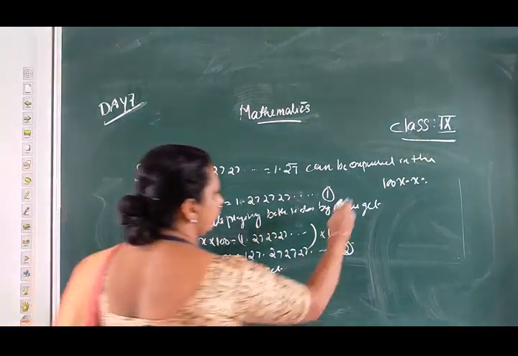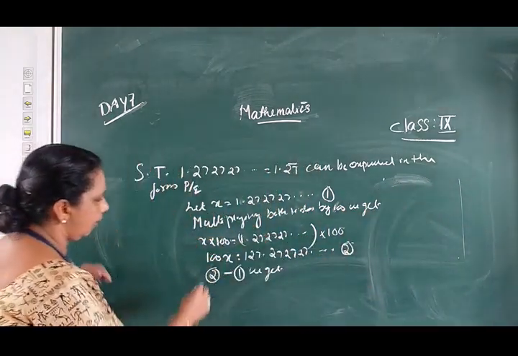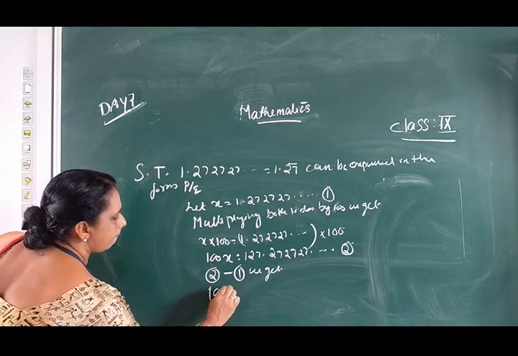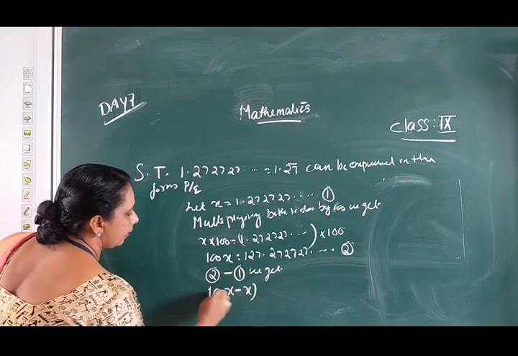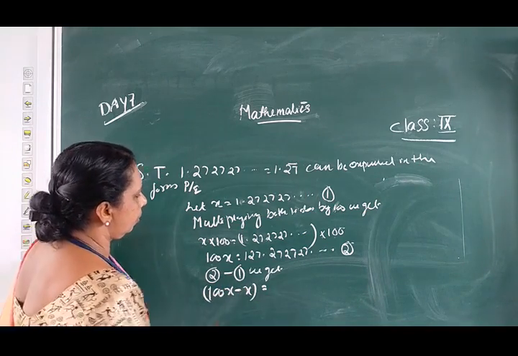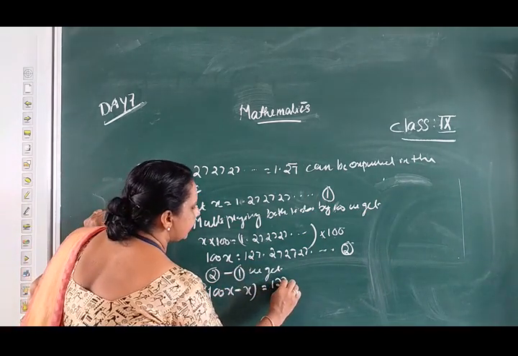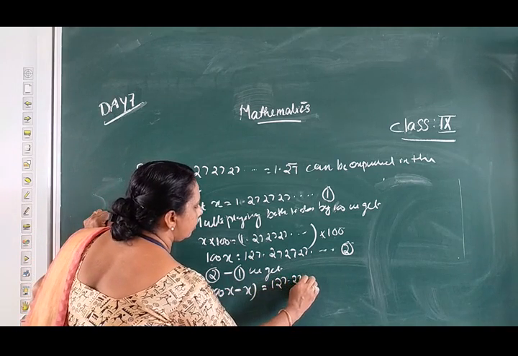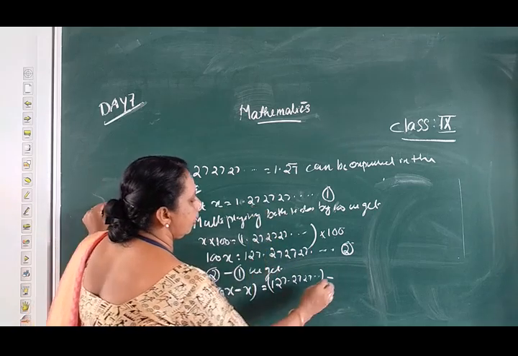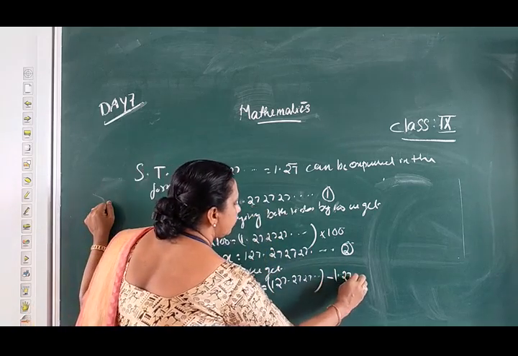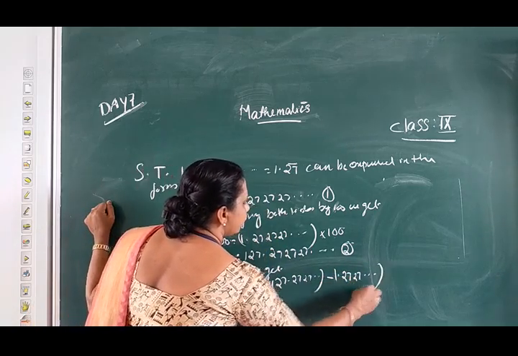I am writing here: 100x minus x is equal to 127.2727 etc. minus 1.2727 etc.